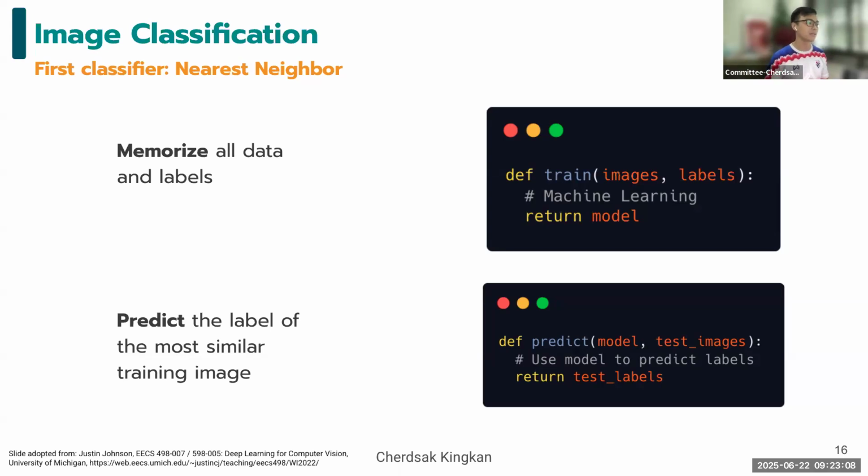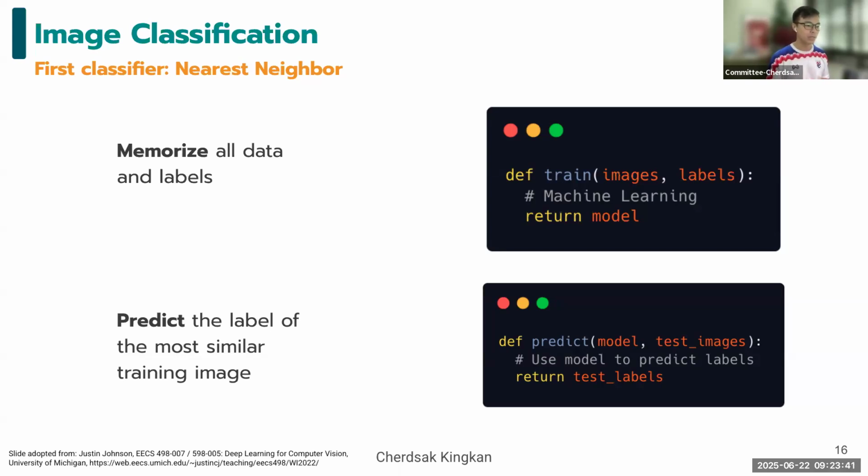What the model is doing is that it just memorizes everything, all the data and the labels. So the training function does nothing but memorize information. Then you have another function called predict. You feed in test images, and you want the model to predict a label for them.